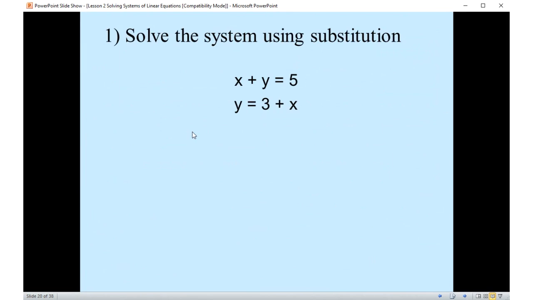Here's another one. Why don't you try solving this system using substitution? So pause the video, try solving using substitution, and then check your answers.